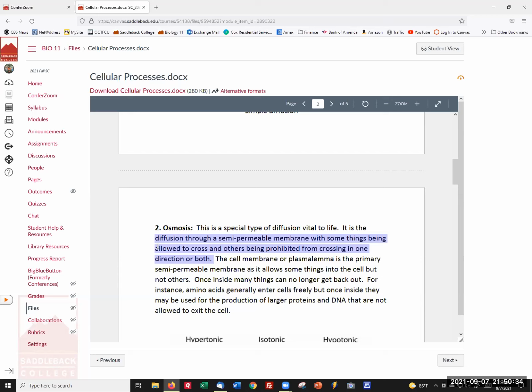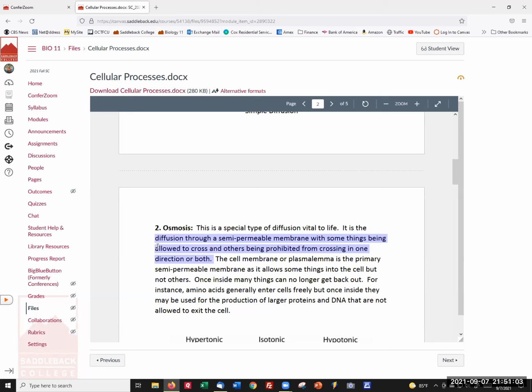Can the perfume now continue out? Yes, the perfume will go out. Can the flies get out? Presumably, no. Flies are stuck in there. The screen is a semi-permeable membrane. Some things get out or through it, and some things cannot.